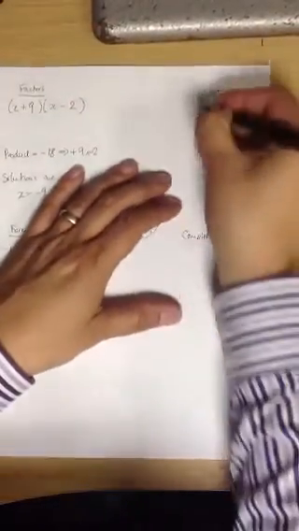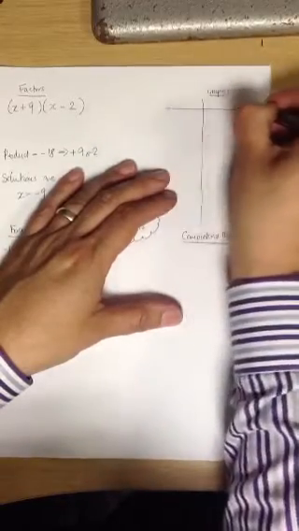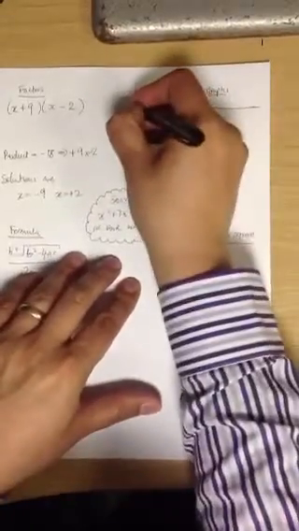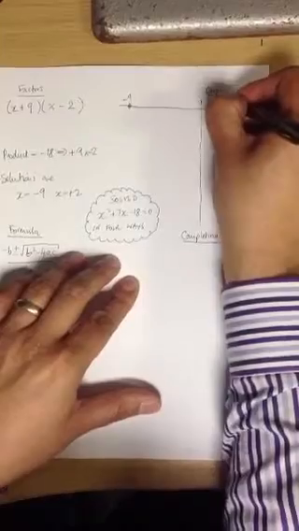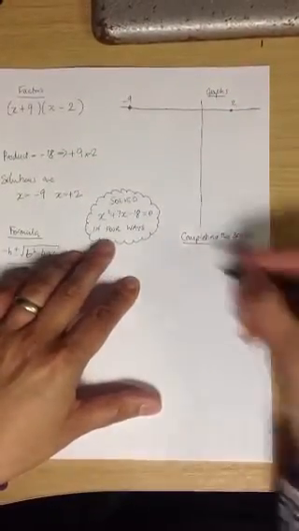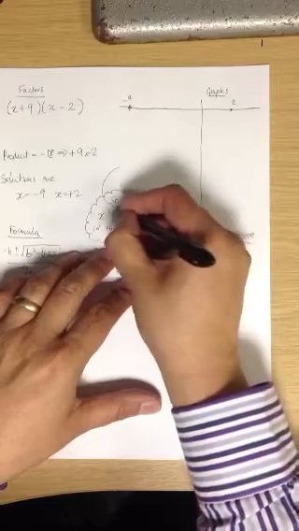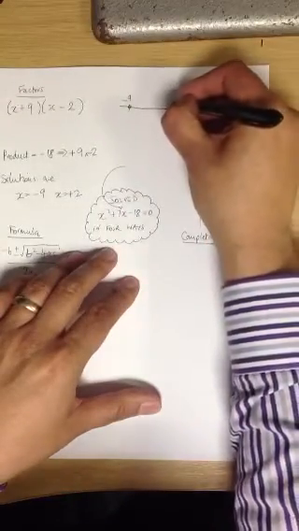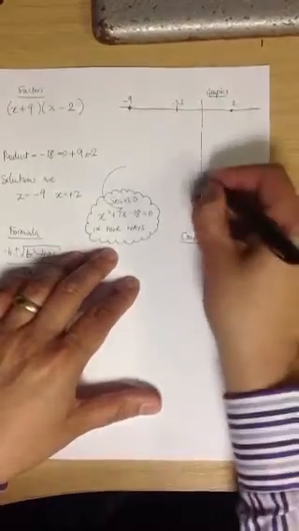And if we were to graph this, we're actually going to see that minus 9 is going to be over here, the plus 2 is going to be here. Because of this term here, the plus 7, the line of symmetry is going to be at minus 3.5, which we'll estimate as there.